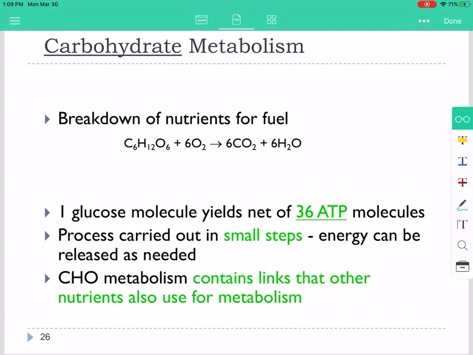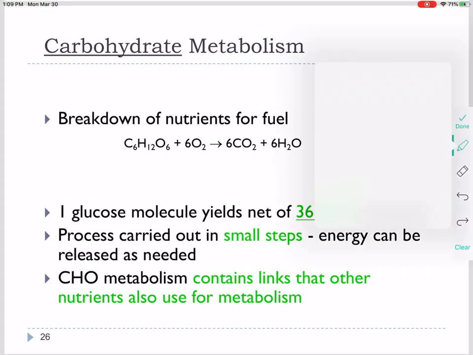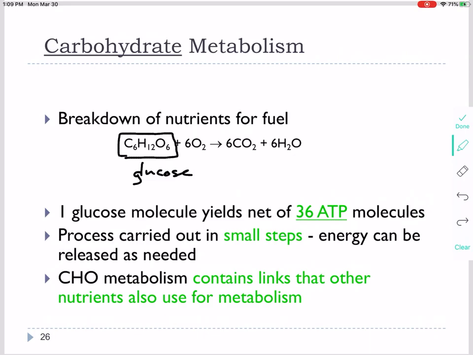Okay, let's start talking about cellular respiration. Okay, some basics. Let me go back to the black. We've already talked about the process of cellular respiration where we convert glucose. And by the way, this is a chemical formula for glucose. You don't have to know it.